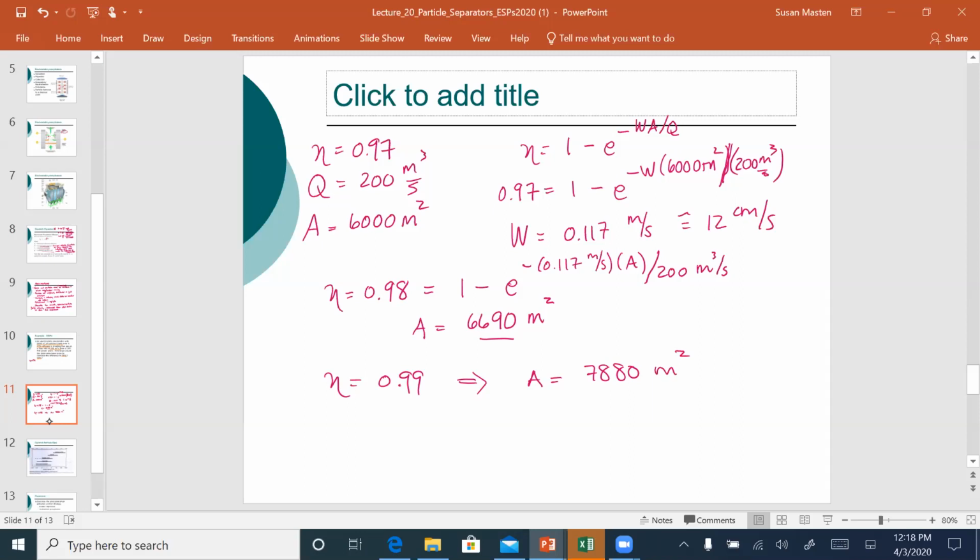So we've gone from 6,000 square meters at 97% removal to almost 6,700 square meters at 98% removal to almost 7,900.